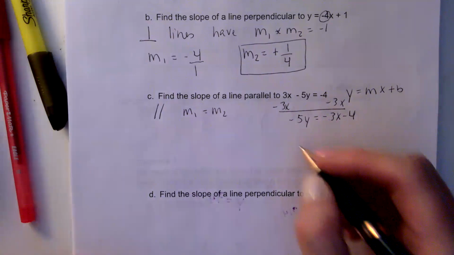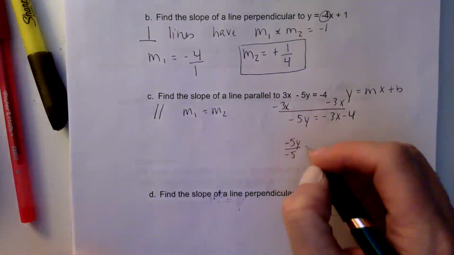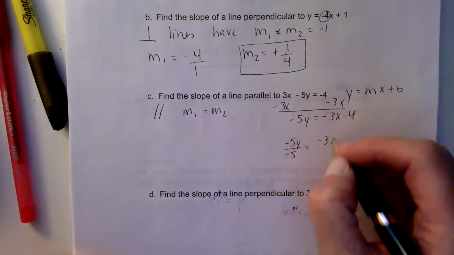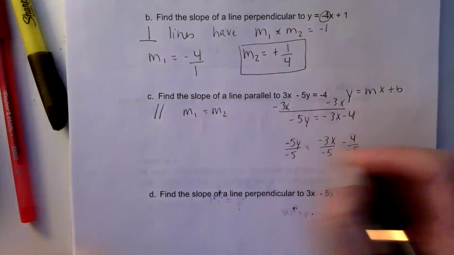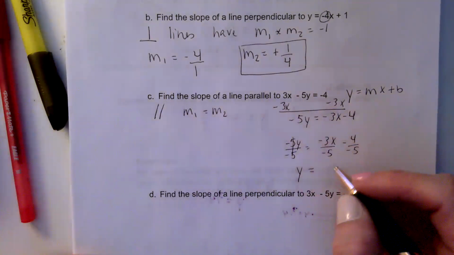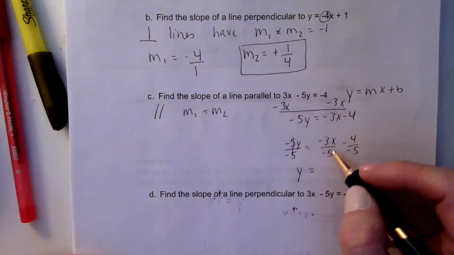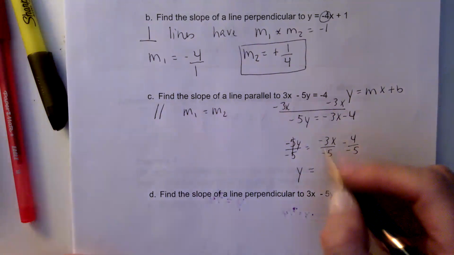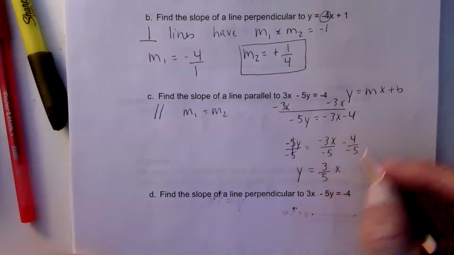And then if we divide by -5, we have to divide each term by -5. So now it's in y equals mx plus b form. Y equals -3 divided by -5. It's gonna be positive, and we're gonna leave it as just 3/5 x.